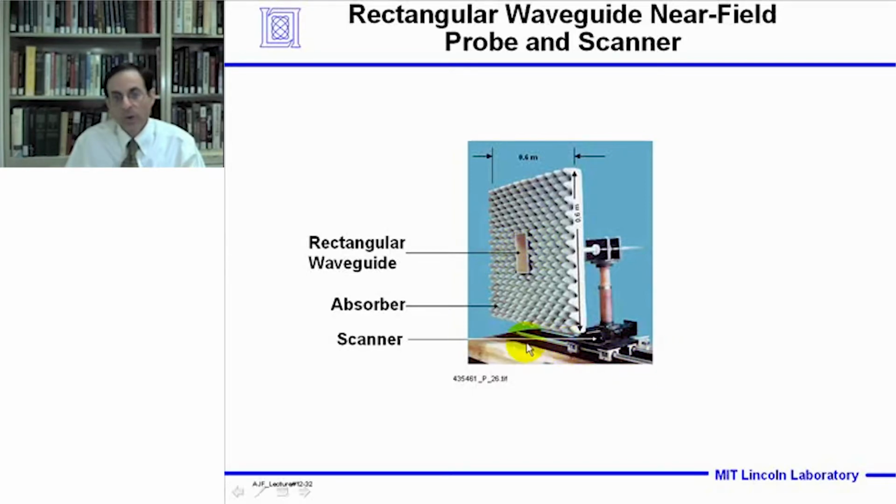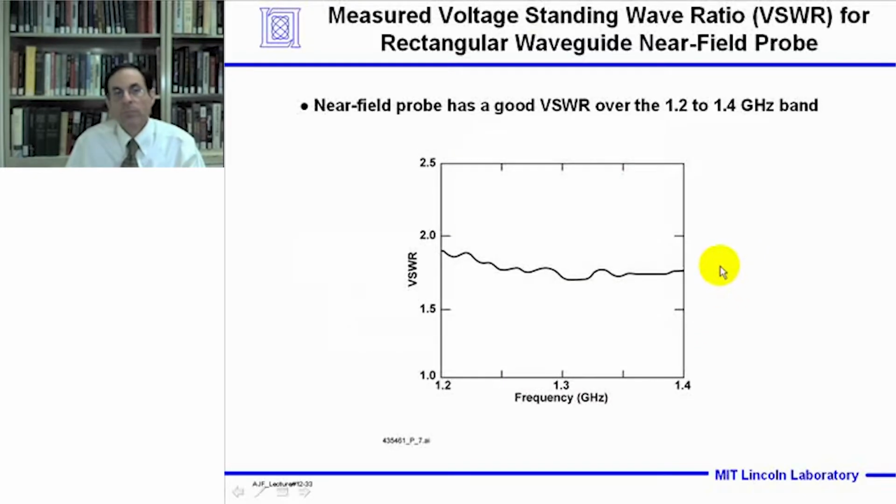And this shows the scanner that was used to scan the near field of the 32-element linear array. This slide just shows that the measured VSWR for the rectangular waveguide probe is below 2.0. So the near field probe has a good VSWR over the 1.2 to 1.4 gigahertz test band.